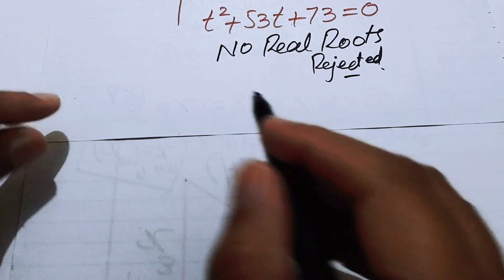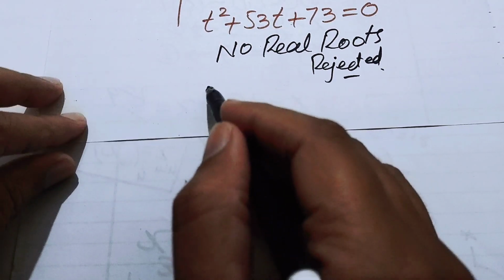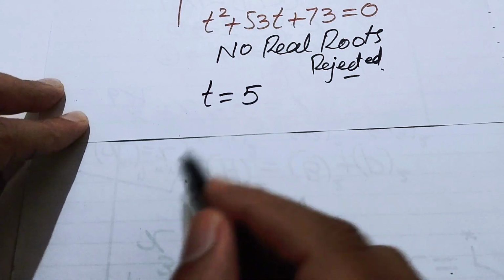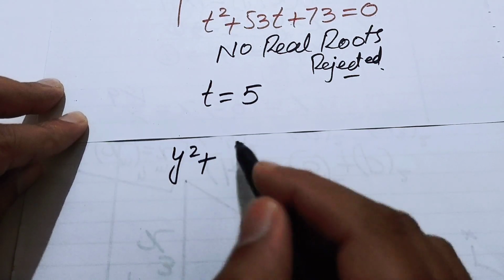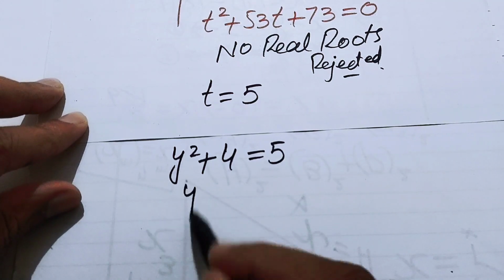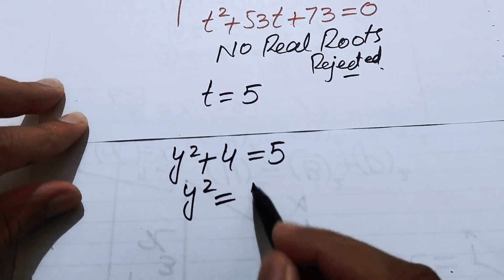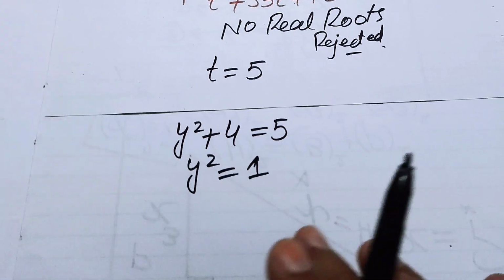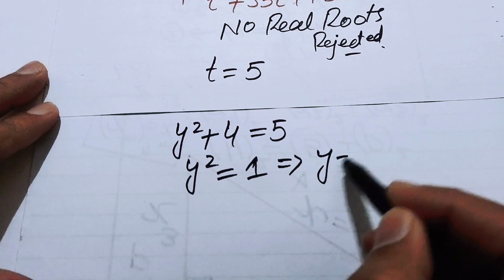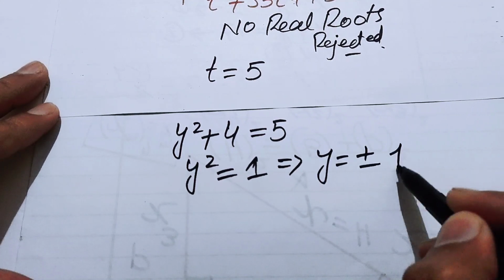So now we will back substitute the values of t here. We have t equals 5, and we first put t equals y squared plus 4, and it equals 5. So here you obtain y squared equals 1. So now we will just take the square root on both sides, and you will get the two values of y, which is plus minus 1.